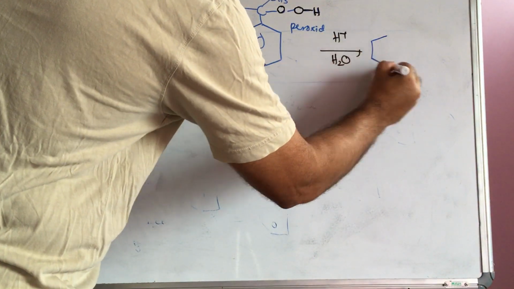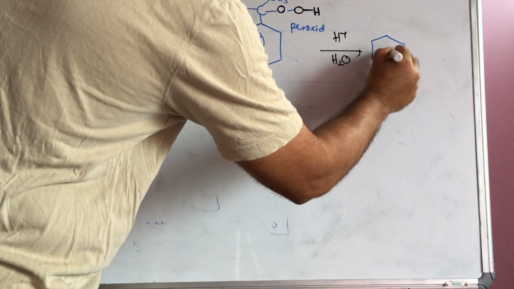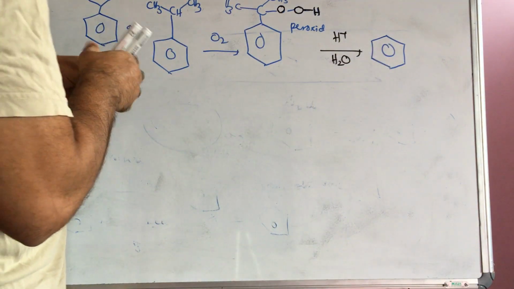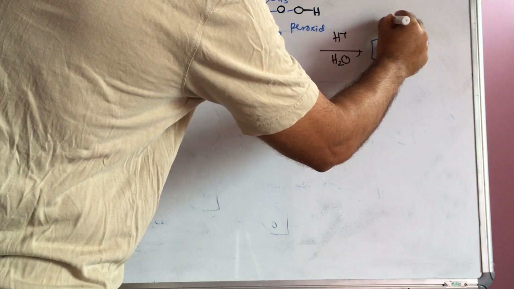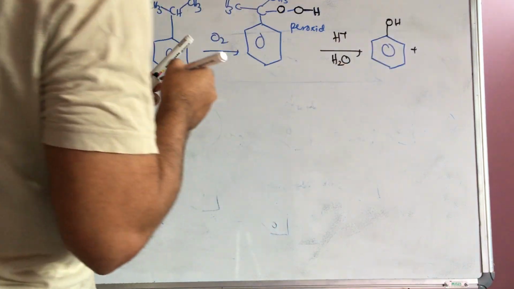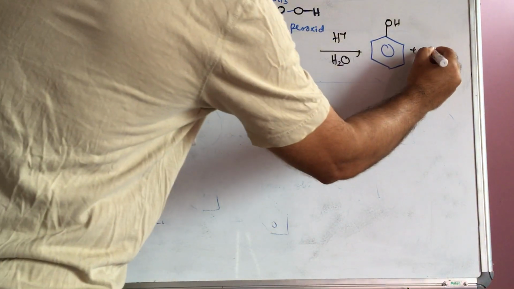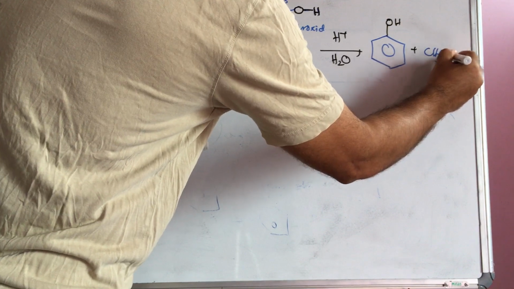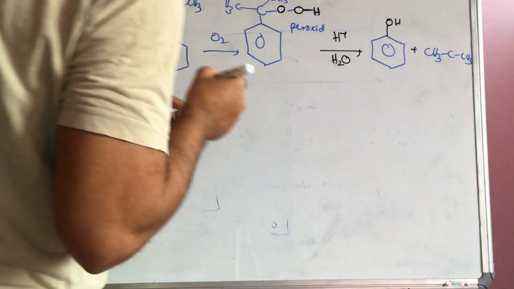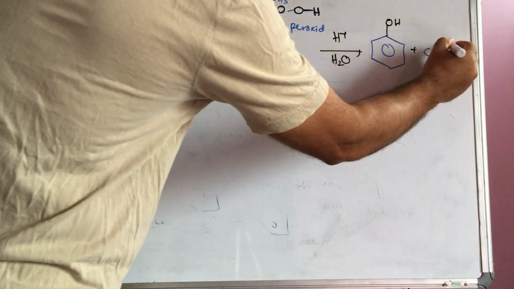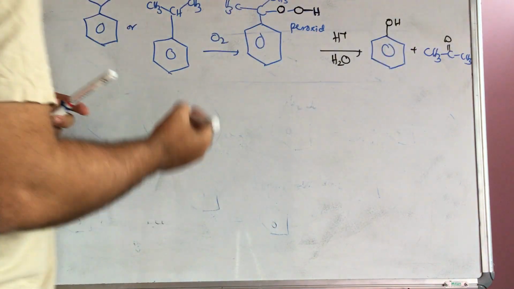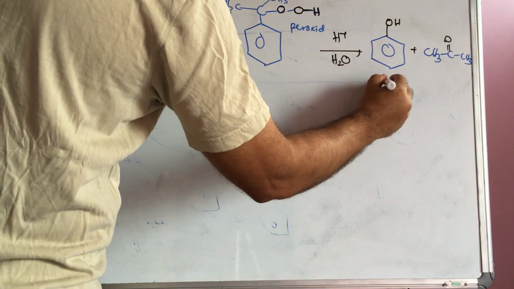This will be as it is, blue color, and this will be OH, and the remaining part CH3, CH3 will be converted into double bond O. So this is called phenol.